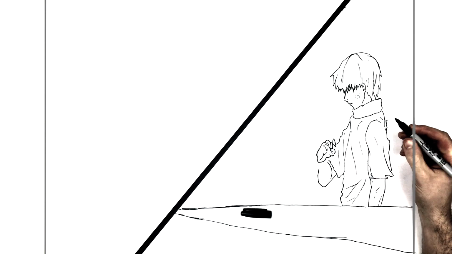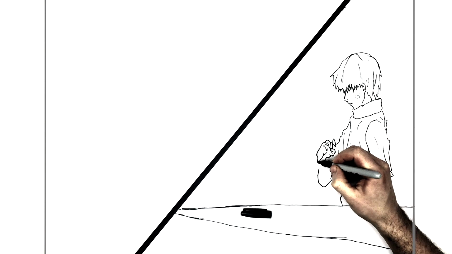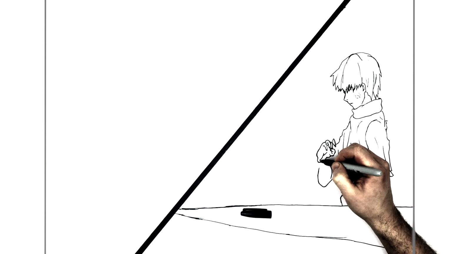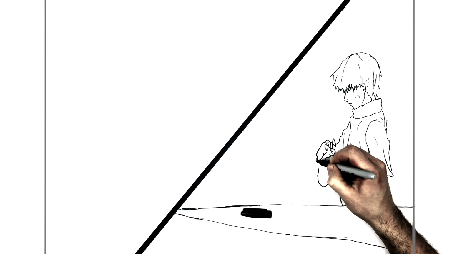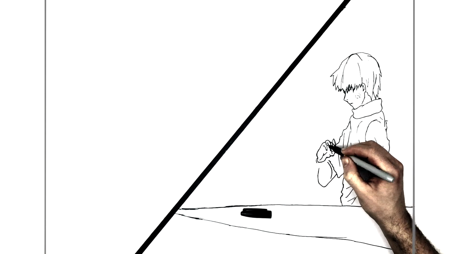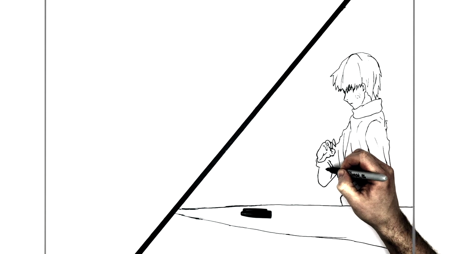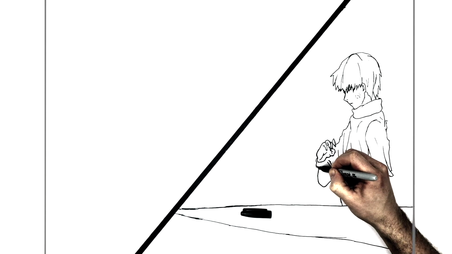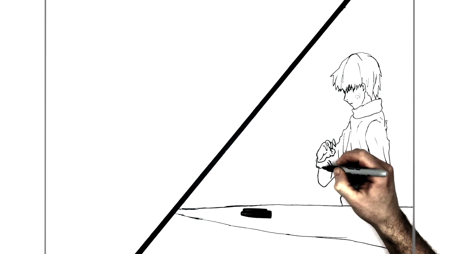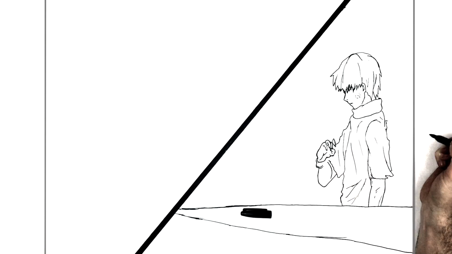I'm not bringing it into the hand because he's got a handcuff on from when he was chained to that chair. So we're going to bring this around. His wrist sticks out the bottom here. It's got an edge to it. It's a piece of metal, so it's got like a double line that goes around it there.